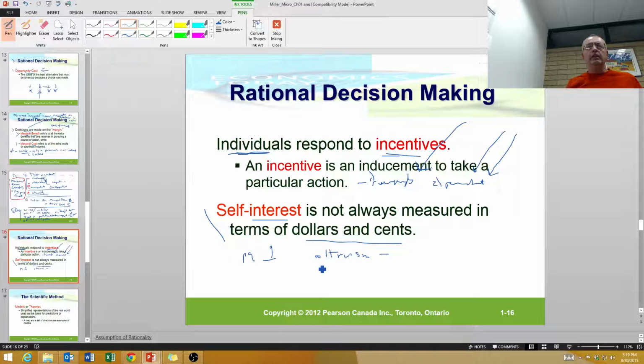So when we talked about Adam Smith before, being the father of modern economics, we talked about economic decisions being based on self-interest. Although he was the father of capitalism, of modern economics, Adam Smith was a philosopher at one of the universities in Scotland.